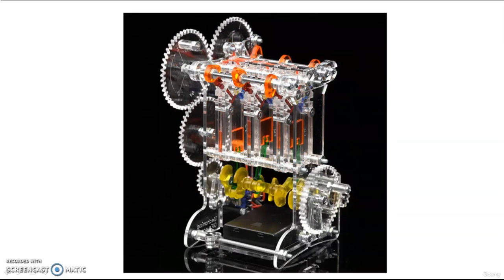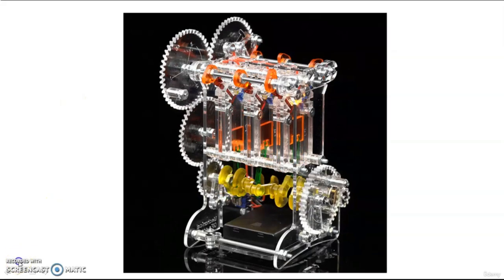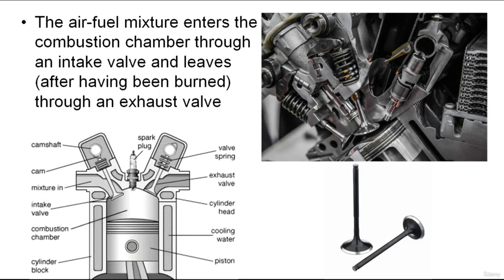When these conditions exist, all the fuel that entered the cylinder is burned and converted to power, which is used to move the vehicle. Automotive engines have more than one cylinder. Each cylinder should receive the same amount of air, fuel, and heat if the engine is to run efficiently.